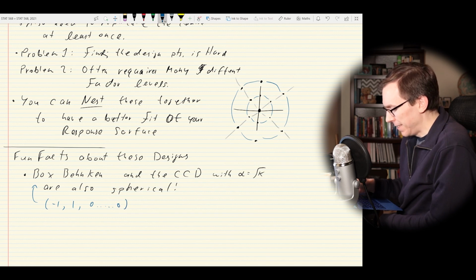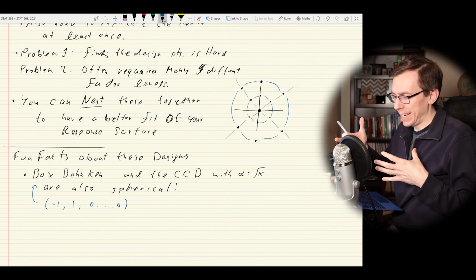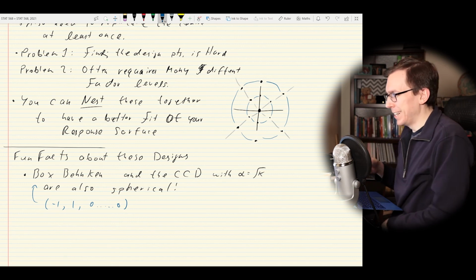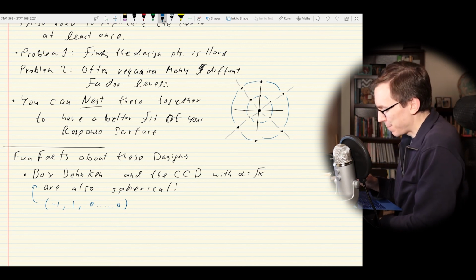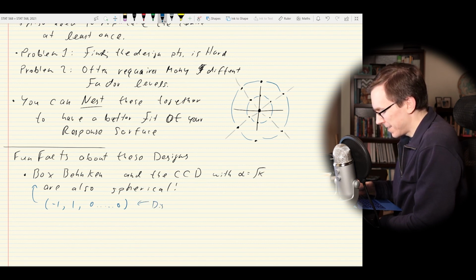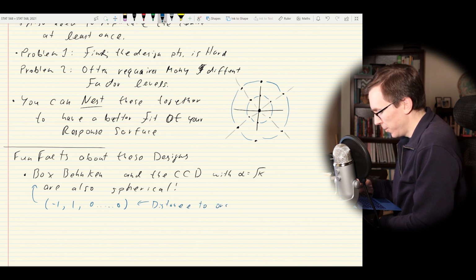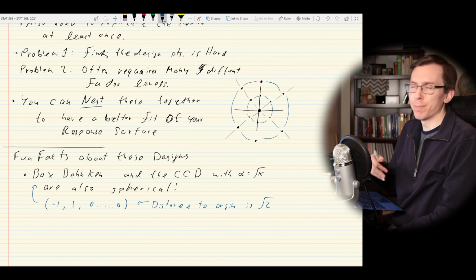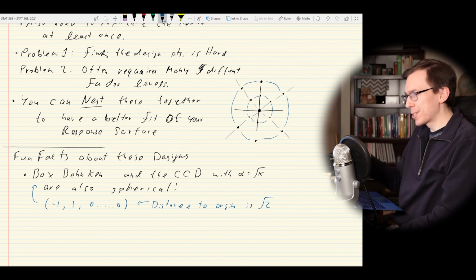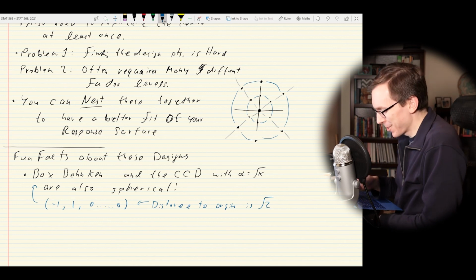So in this case, the distance to the origin is just root 2. It's the square root of 1 squared plus 1 squared, which is root 2.